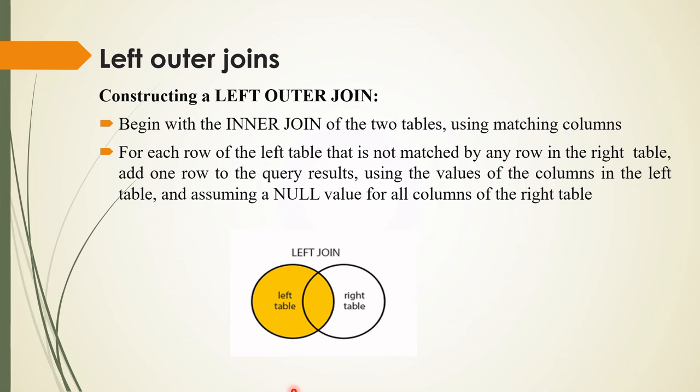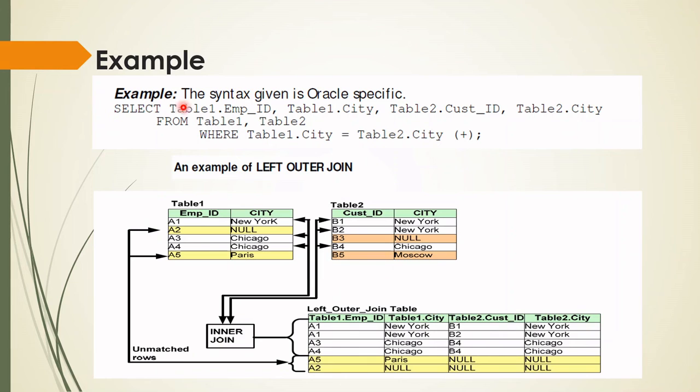For this we have to write the query like: select table 1 employee ID, table 1 CT, table 2 customer ID, table 2 CT from table 1 and table 2 where table 1 CT is equal to table 2 CT. Now this is the left outer join, so on the right side table we have to write plus in brackets. So it will not consider the right side table's unmatched rows.